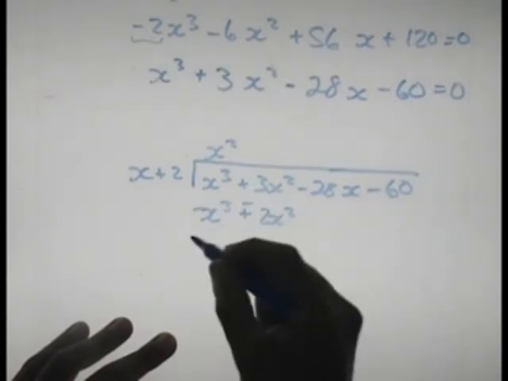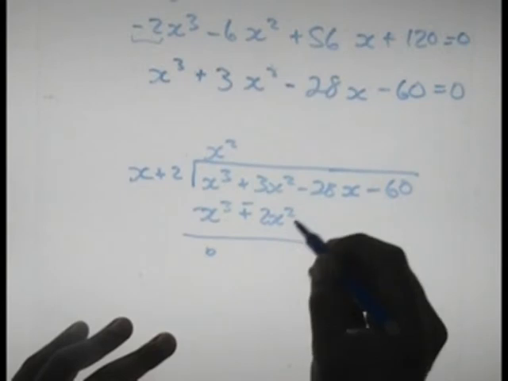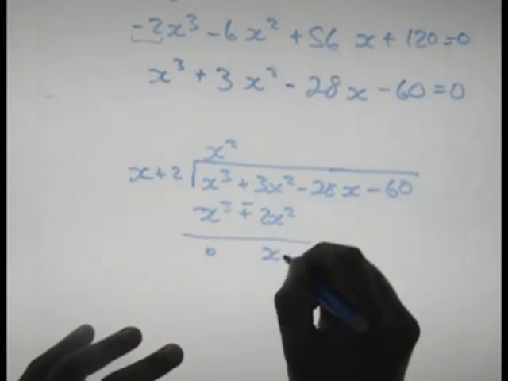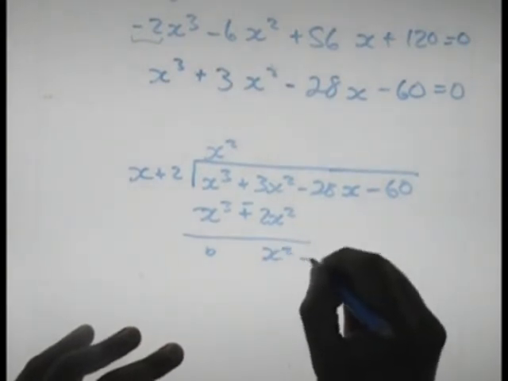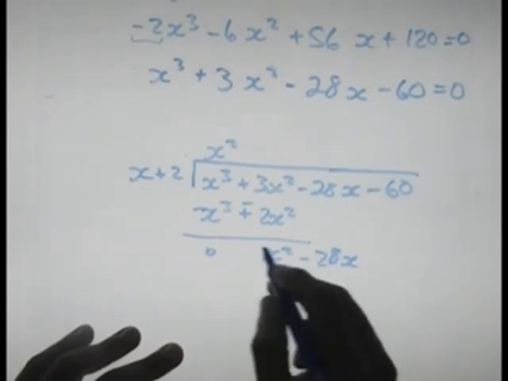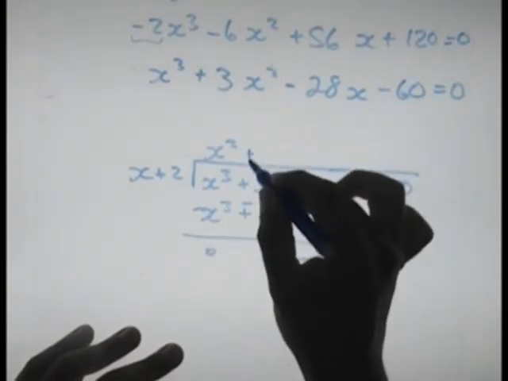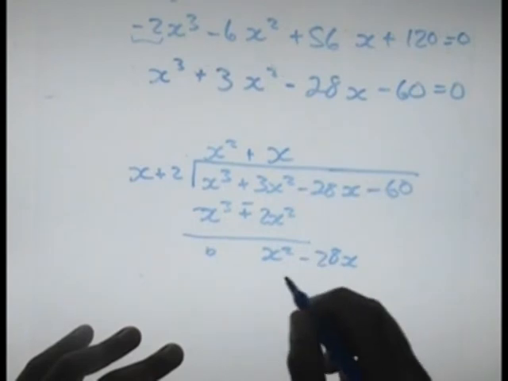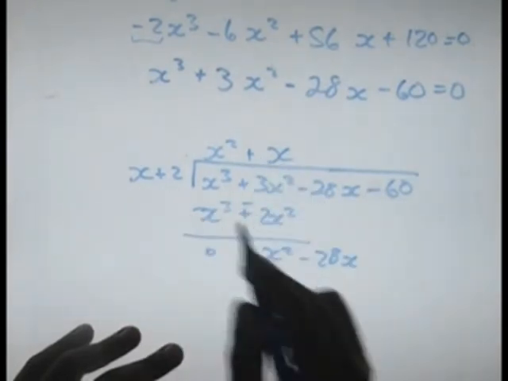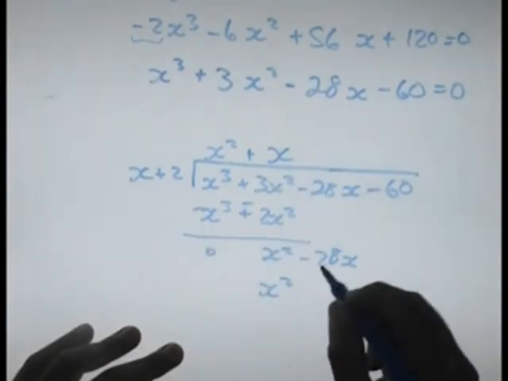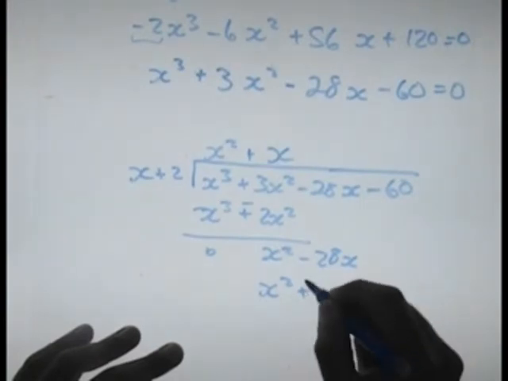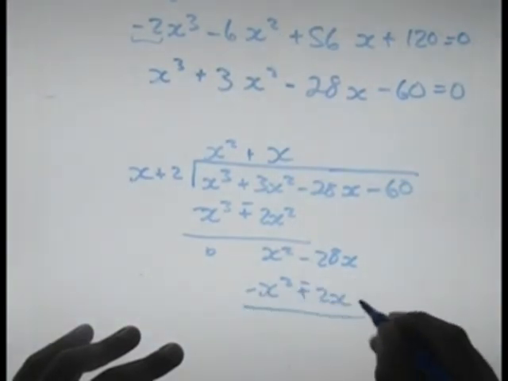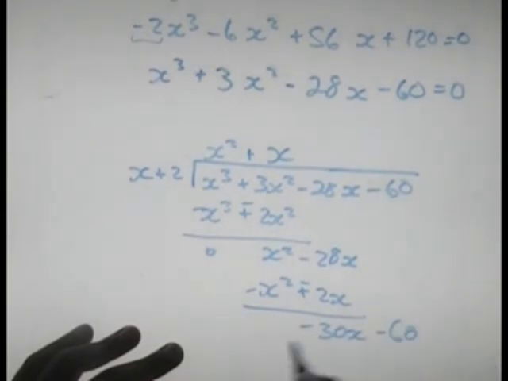Change the signs, that comes to 0. 3x squared minus 2x squared is just x squared minus 28x. X squared divided by x is equal to positive x. X times x is x squared. X times positive 2 is positive 2x. Change the signs, that leaves us with minus 30x minus 60.